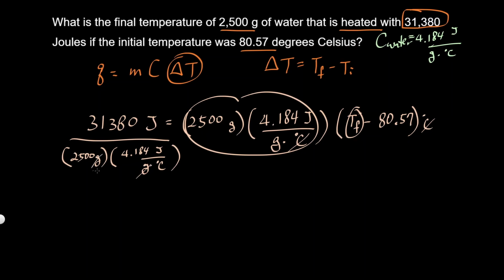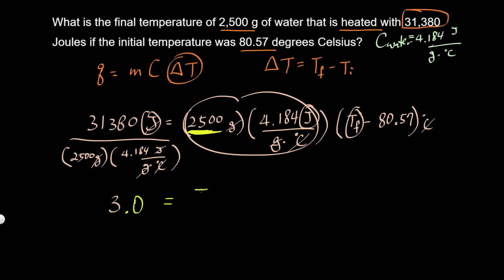Grams cancel, joules cancel. So I'm going to divide. We get exactly 3. Now, this is a tricky part, because that 3 is actually 3.0, because when we divided, the least significant figure is 2 because of this.